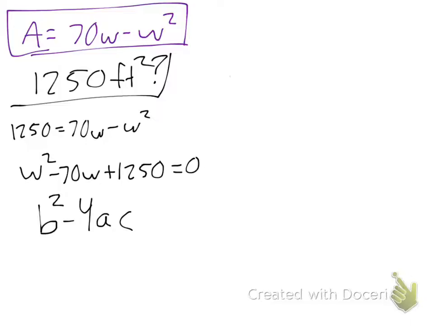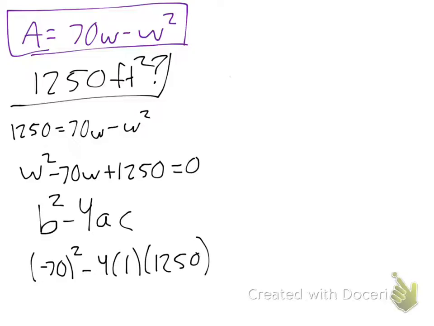So now all we have to do is just test this. What's b? That's negative 70 squared minus 4 times 1 times 1,250. And if you put all of that onto your calculator, you will get negative 100.